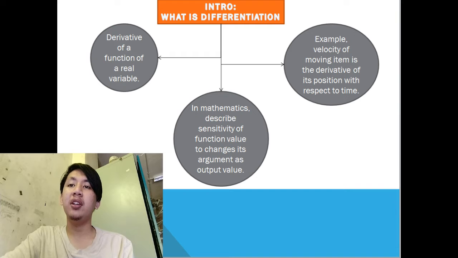Calculus uses derivatives as a fundamental tool. The velocity of a moving item, for example, is the derivative of its position with respect to time. It quantifies how quickly the object's position changes as the time passes.